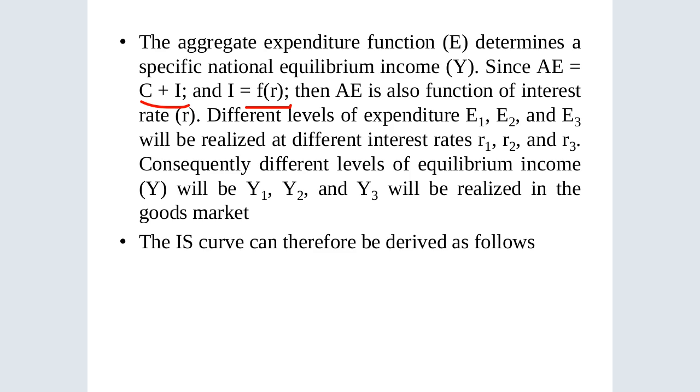So that implies that different levels of equilibrium income will also be realized. That is Y1, Y2, and Y3.